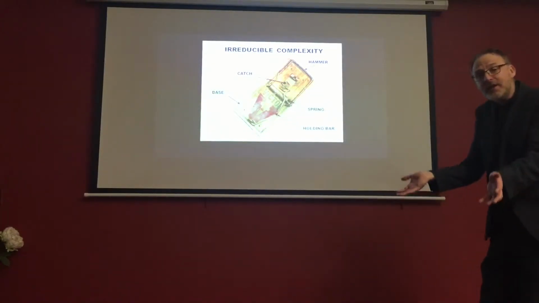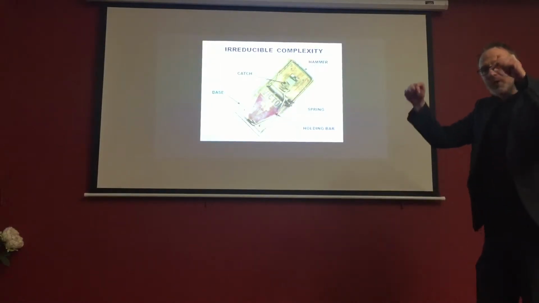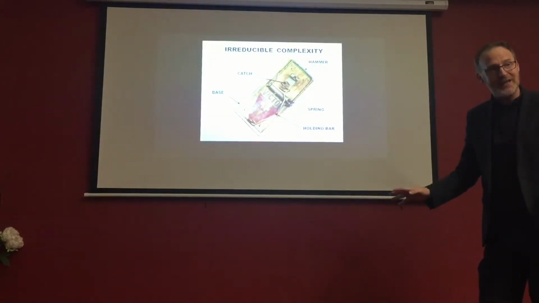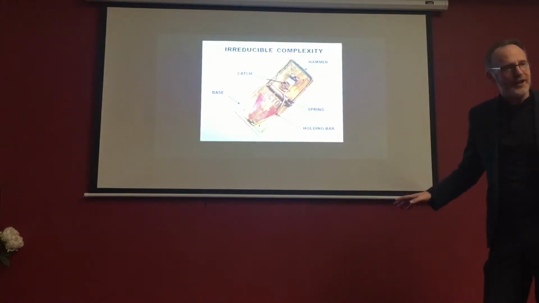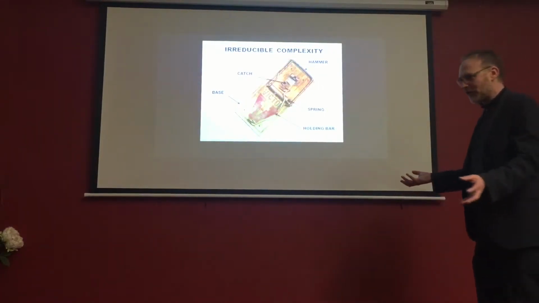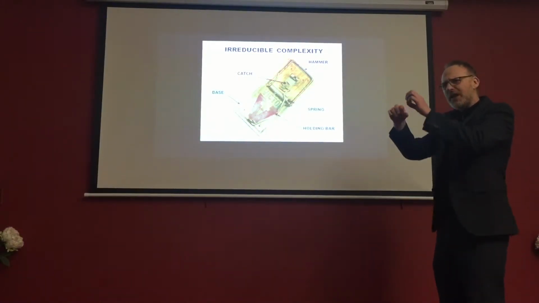Unless all those things are in place at exactly the same time, irreducible complexity, it's worth nothing. And so the problem with evolution is it says, well, these things come together over eons of time.